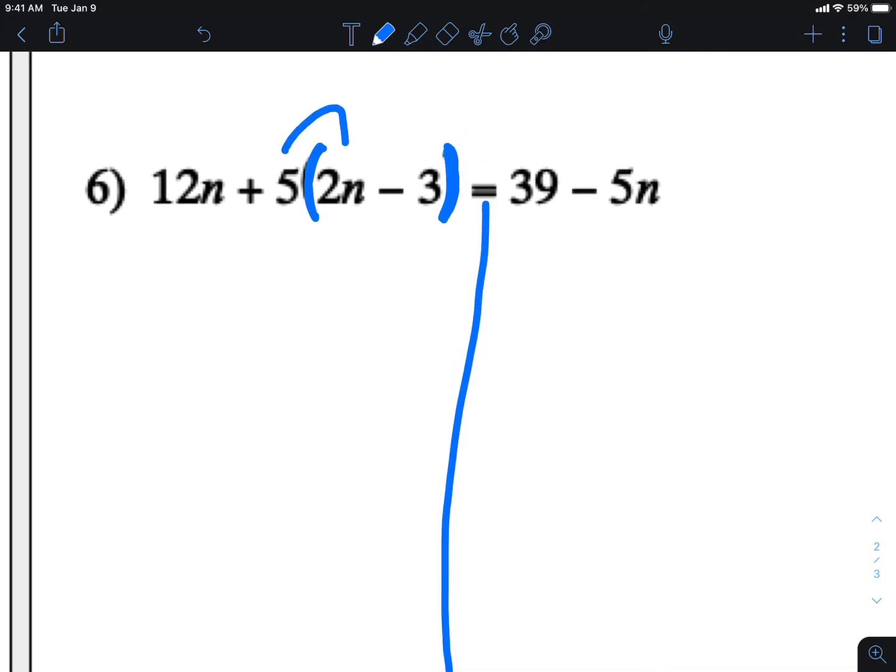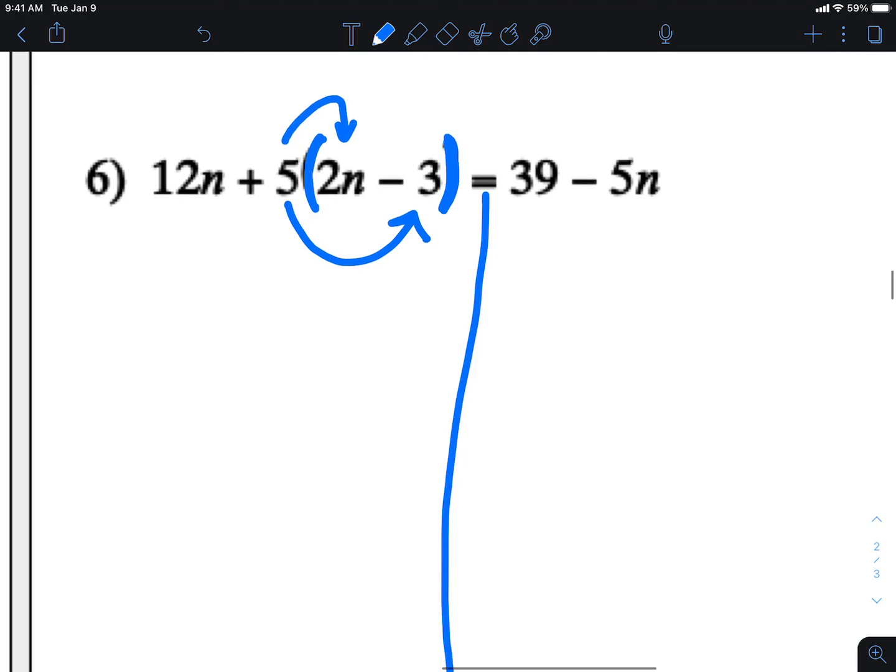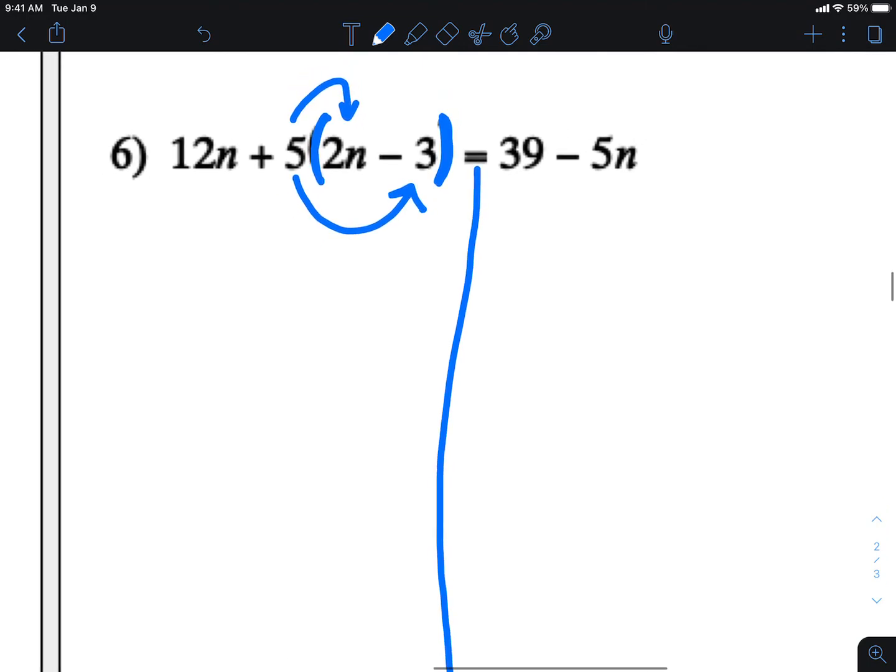So the 5 is going to multiply with the 2n on top, and the 5 is going to multiply by negative 3 on the bottom. So 5 times 2n, 5 times 2 is 10n, and now the bottom, 5 times negative 3 is minus 15.